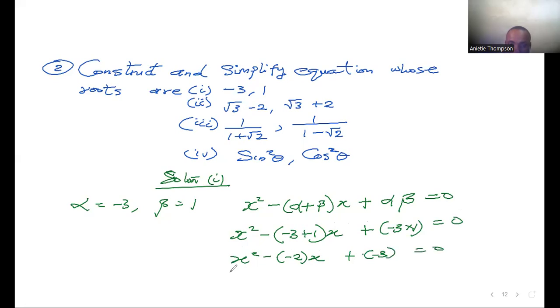Finally, minus into minus gives plus, so we have x squared plus 2x minus 3 equals 0. So this is now the quadratic equation that those roots are obtained from.